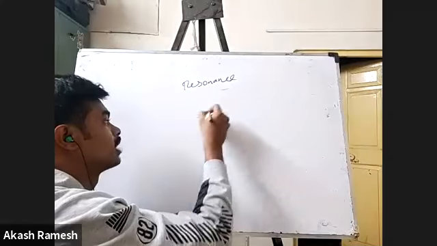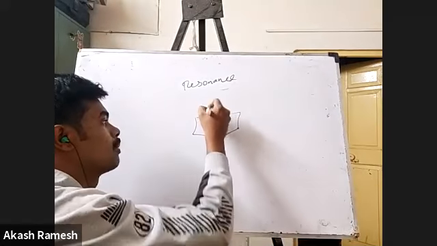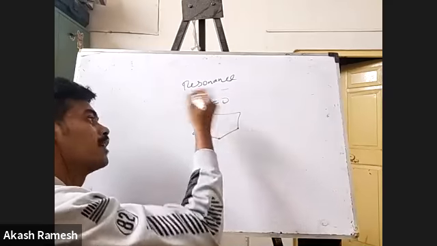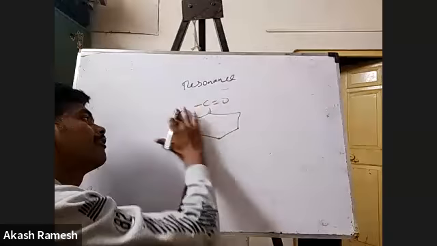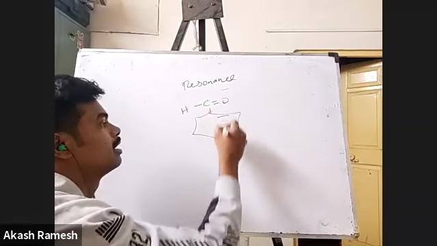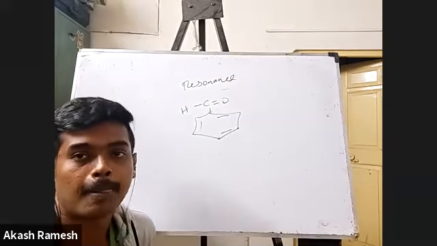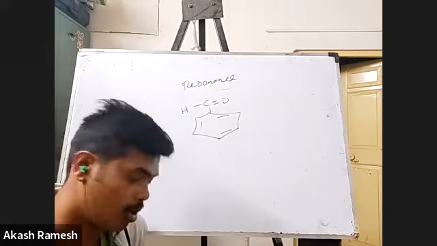Or you can even take acetophenone, but it's not going to matter much. So I had a C double bond O, and you can put H, or you can put an R, anything. So let me take benzaldehyde. This is my structure. Benzaldehyde is the structure. Now go for it. Draw the resonance structures.